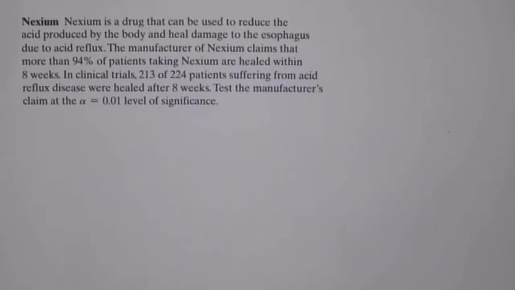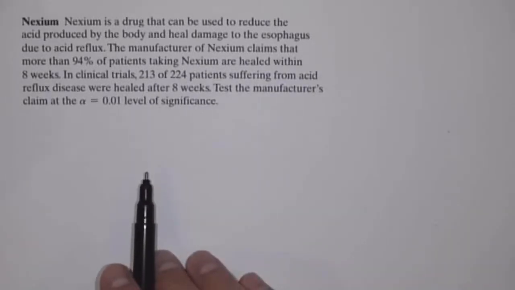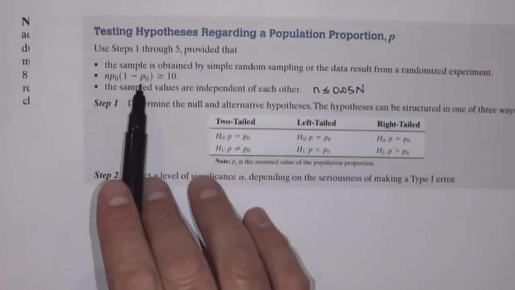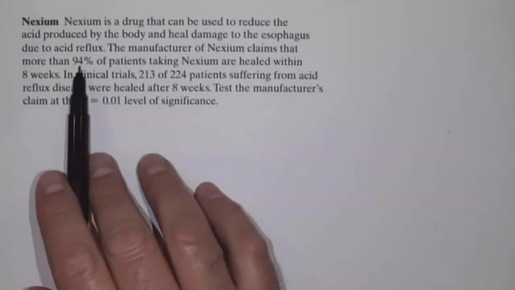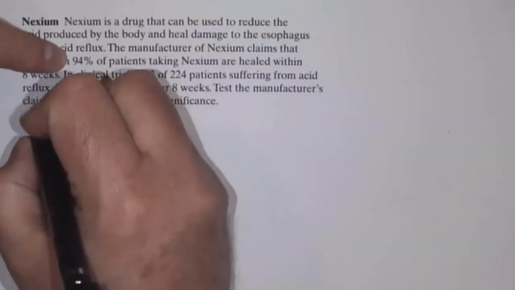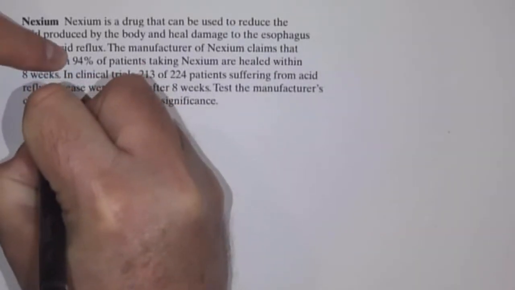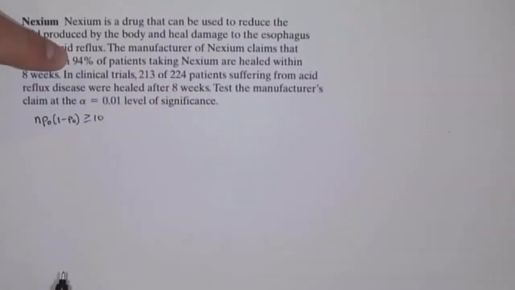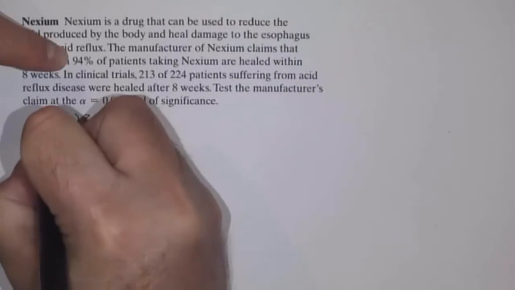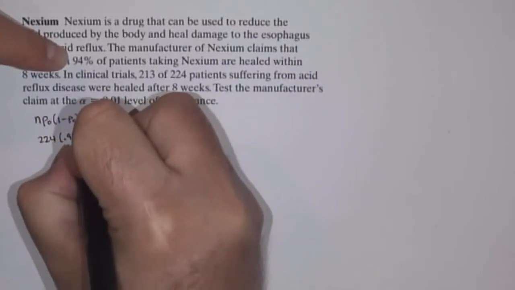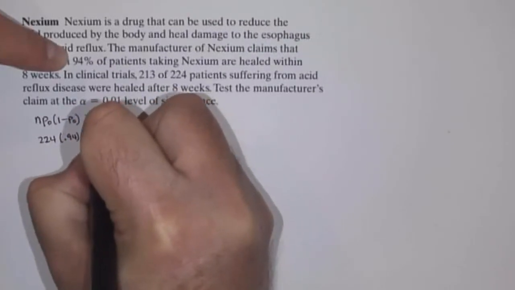So I need to check n times p naught times 1 minus p naught to make sure that's 10 or bigger. Well, p naught is going to be this 94%, and n is 224. So I'm checking my conditions. Is n times p naught times 1 minus p naught 10 or bigger? Well, I'm going to take 224 times 0.94, again 94%, times 1 minus 0.94.